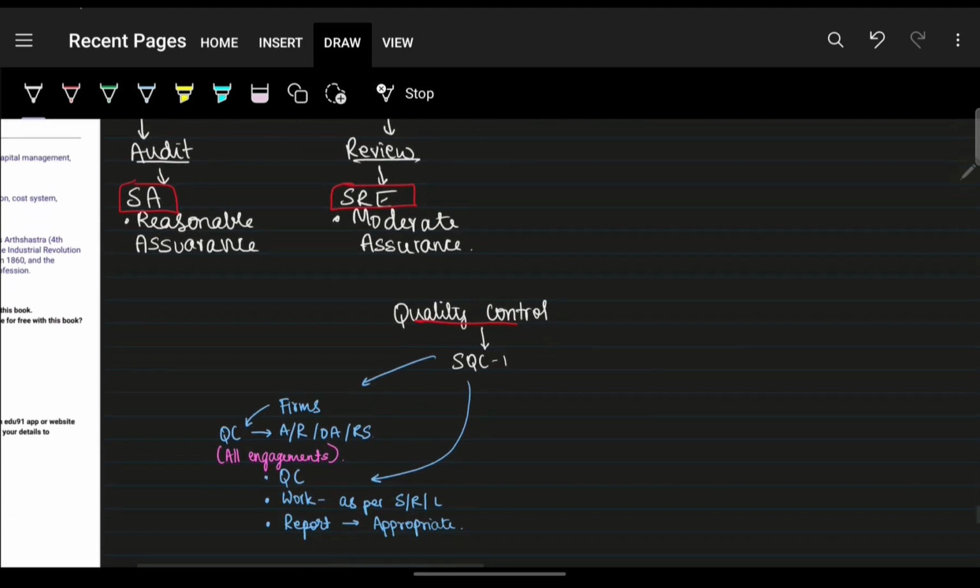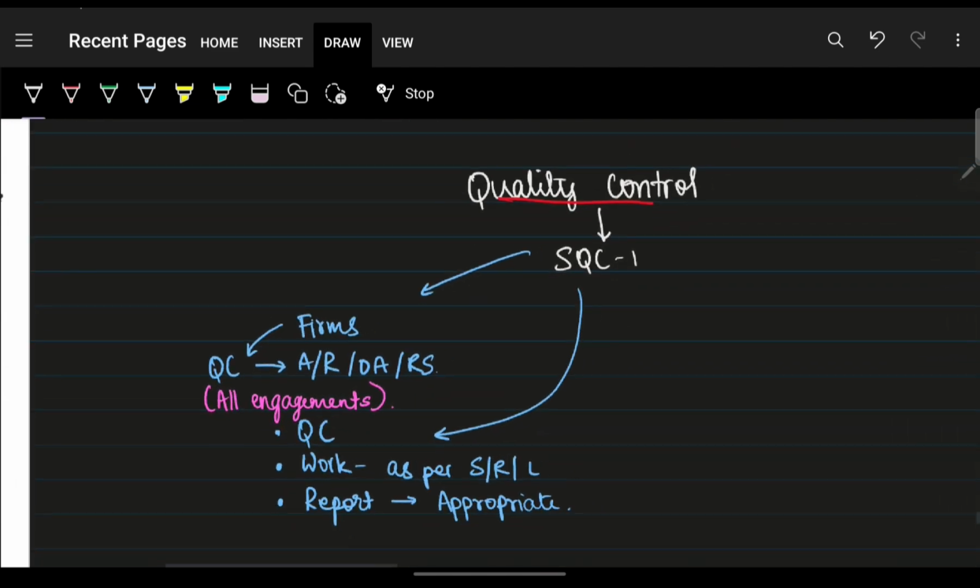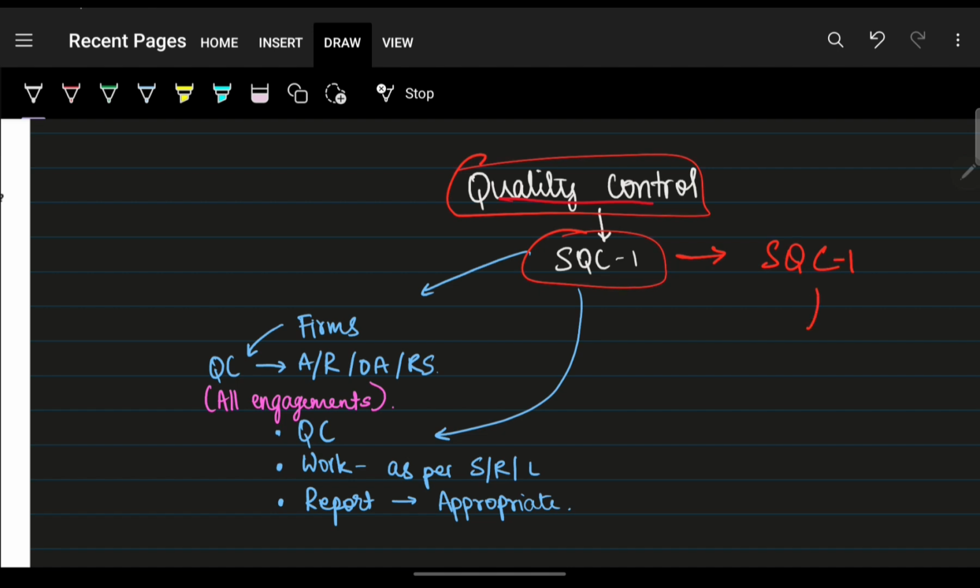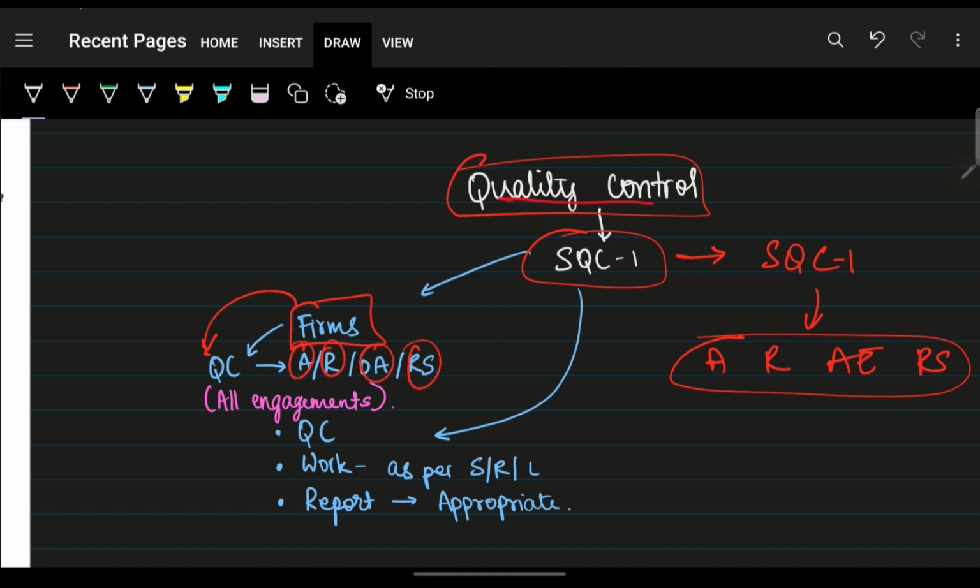Moving on. Next, as per quality control, there's only one standard on quality control, which is SQC-1. SQC-1 is applicable on all engagements, whether it is audit or review or any other engagement, or related services. It is applicable to all. So basically it is requiring firms to maintain quality controls with regard to audit, review, other engagements or related services.